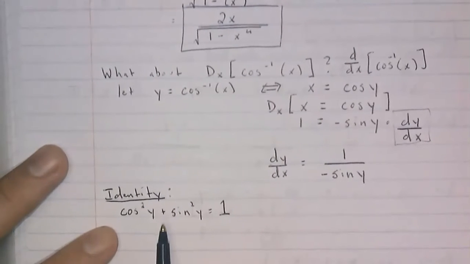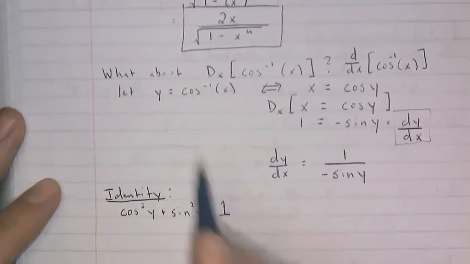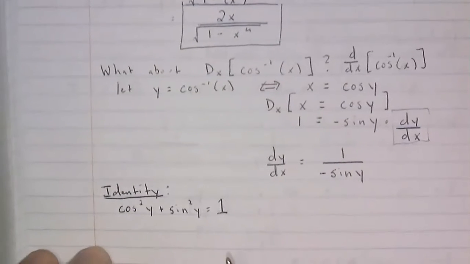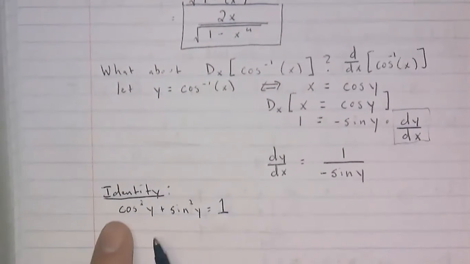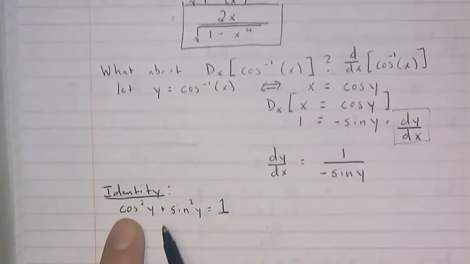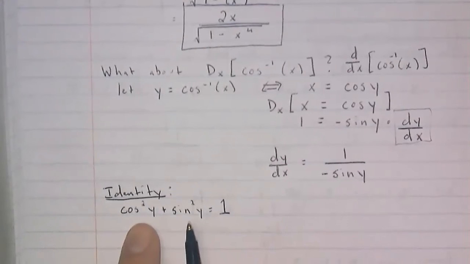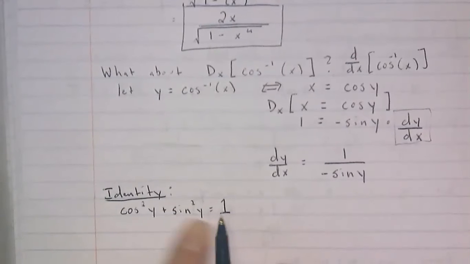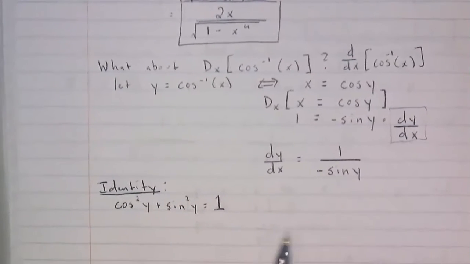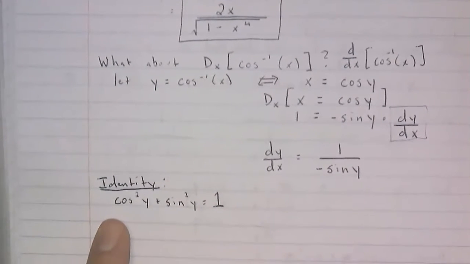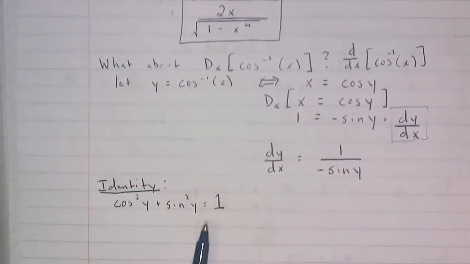And really, you already knew this from geometry, because why does this work? Triangle, our favorite dead Greek mathematician Pythagoras. We recognize that the cosine is the x and the sine is the y on our unit circle. Those are the legs of a right triangle whose hypotenuse is 1. This is Pythagoras. Always good to keep that in mind.